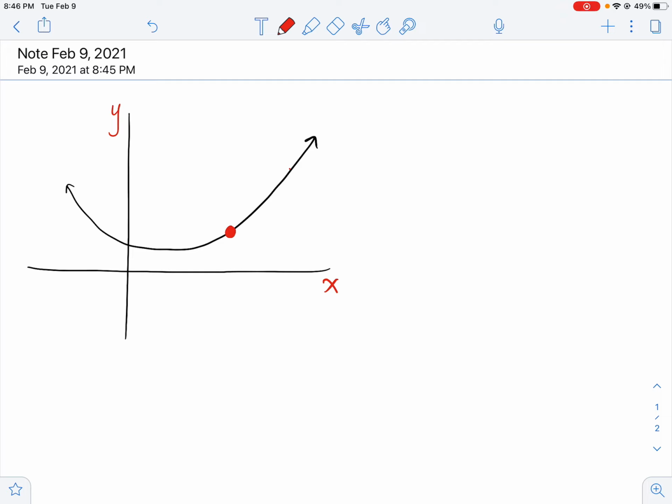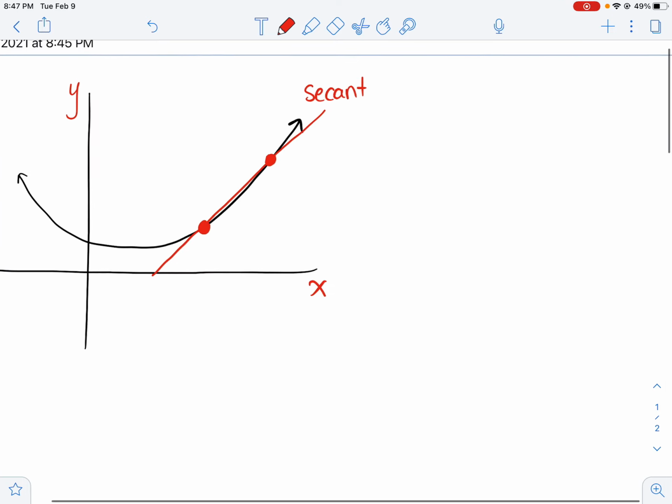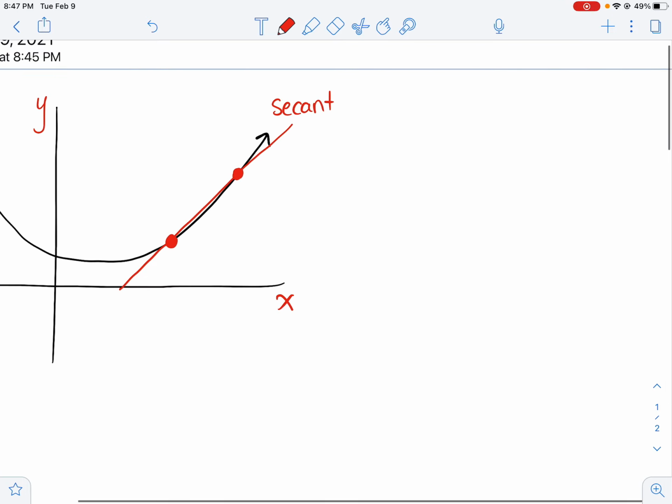So we talked about how we could approximate it by picking another point on the line, taking the secant, that's the secant, and finding the average rate of change between the 2 points. So we're just going to redefine our notation for this situation.